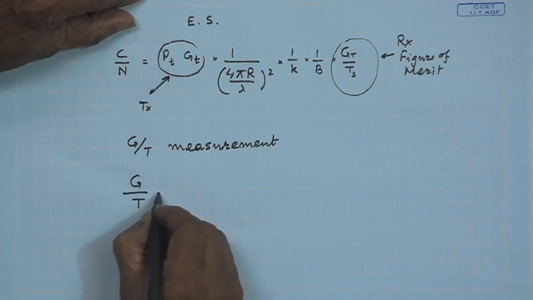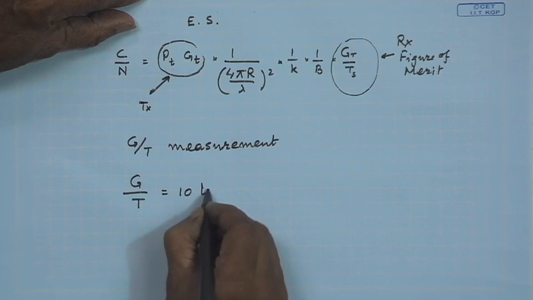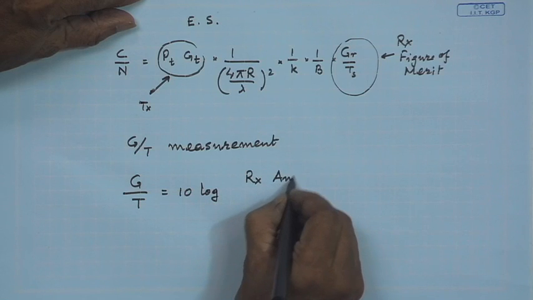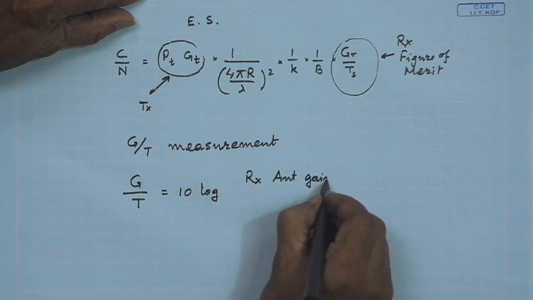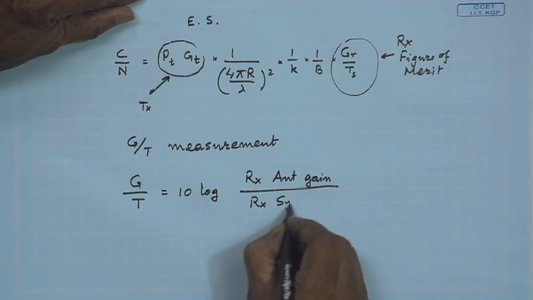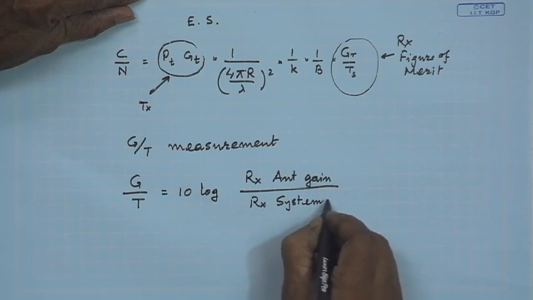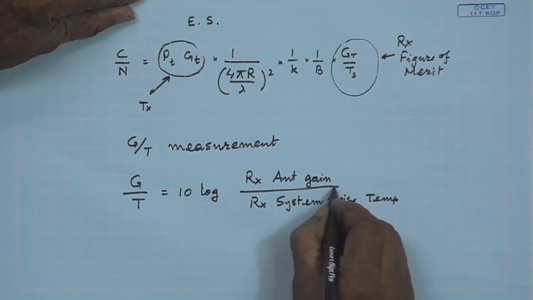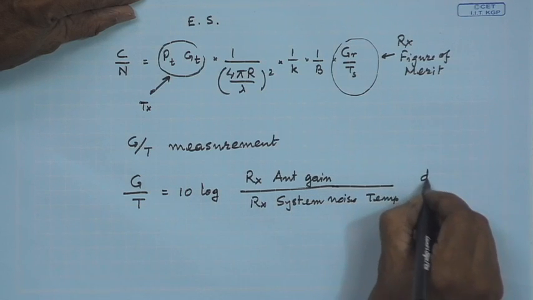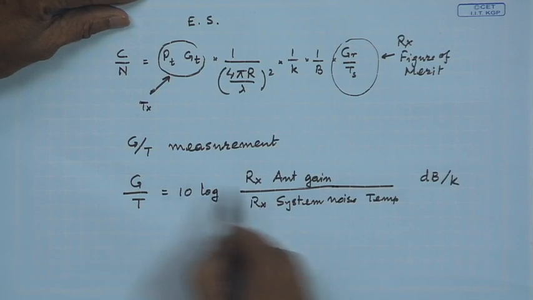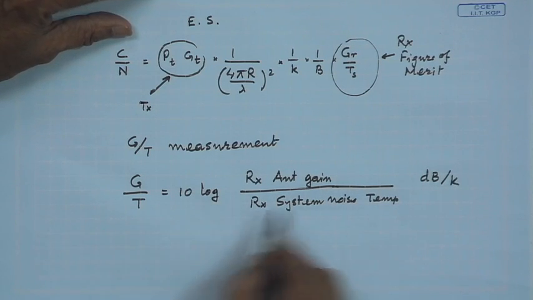We repeat that G by T is 10 log of the receive antenna gain by the receive system noise temperature, so once we take 10 log, it is dB per K. Now, we will continue to discuss this particular subject, that is the measurement.